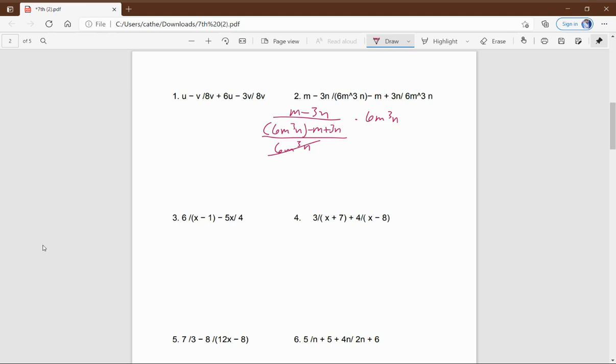We would get 6m4 and subtract that by negative 18m3 n squared, and then we multiply this, so that would be negative 6m4n and plus that by 18m3n squared. Okay. That looks very familiar.